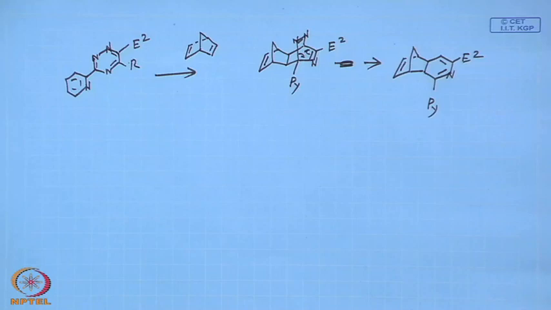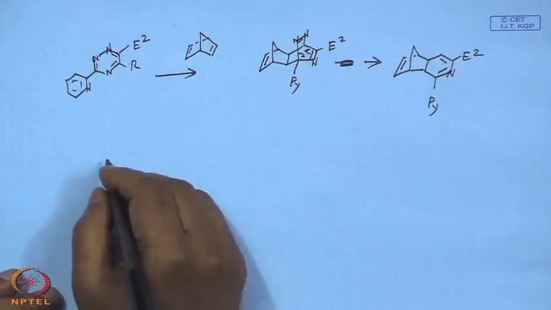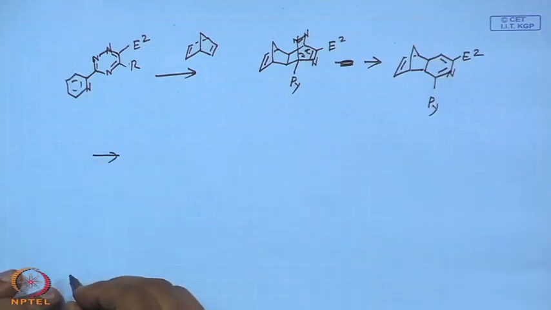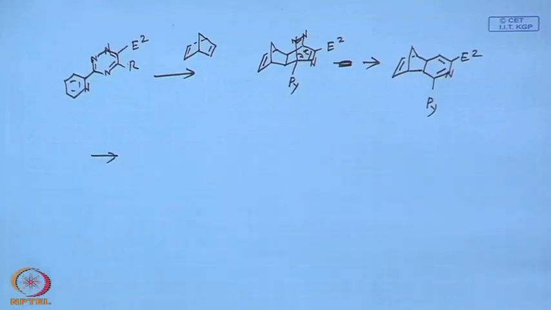What next? I think it's quite obvious to all of you, right? What is obvious next? So, it does not stop there though. Basically, whenever you see a double bond, a reaction under thermal conditions, you have to think about retro-Diels-Alder reactions.